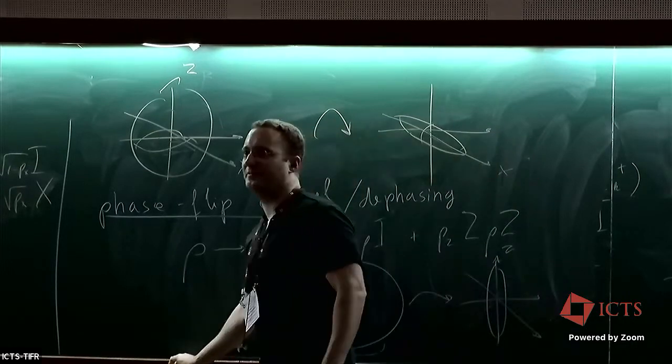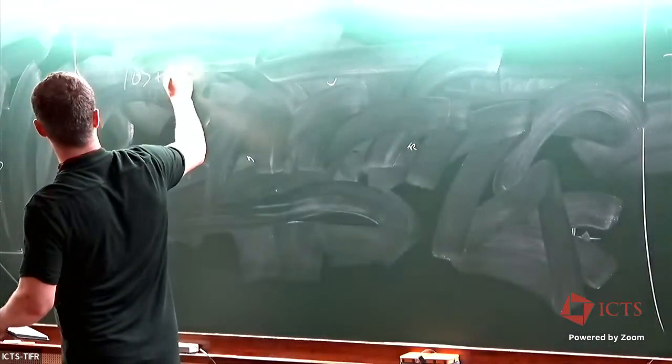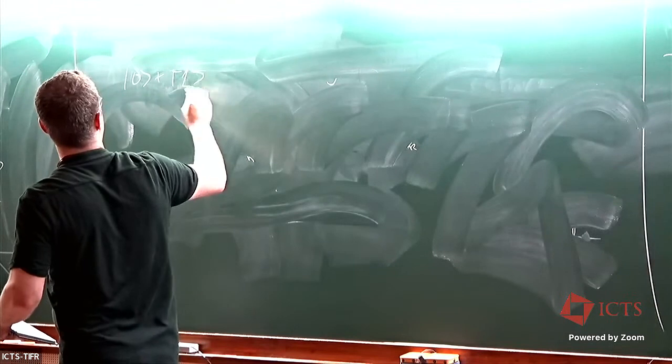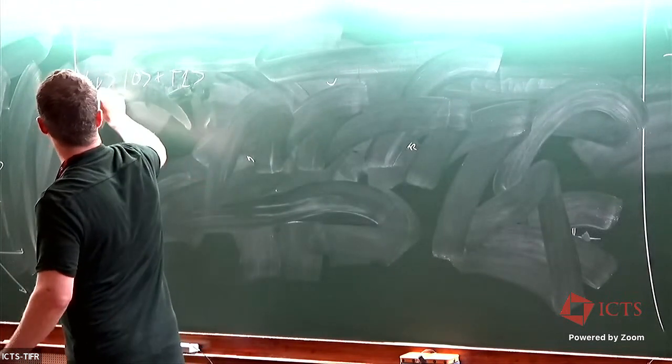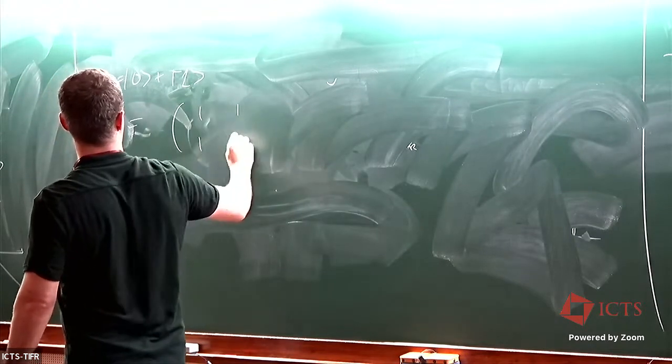The reason is simple, because this is a channel that removes any phase or any coherence of a quantum superposition state. If you start with the state 0 plus 1, this is the X state. Its density matrix is 1, 1, 1, 1.